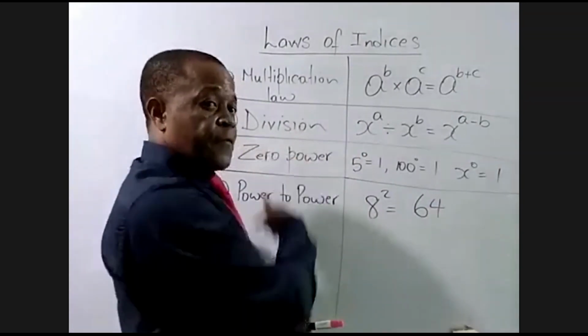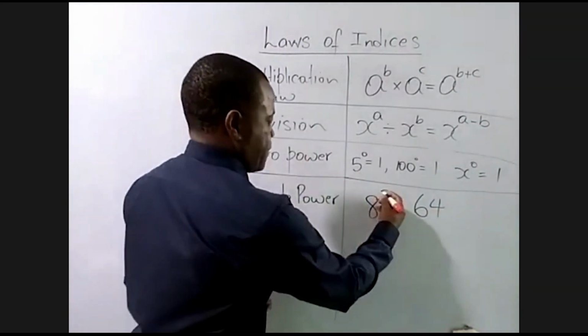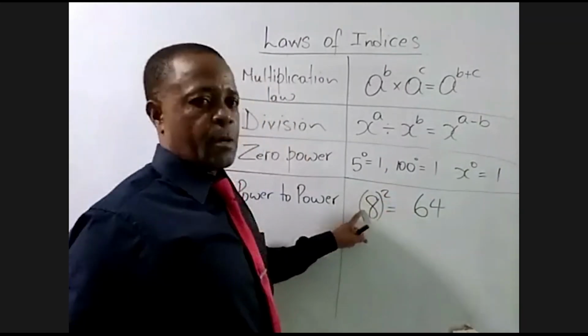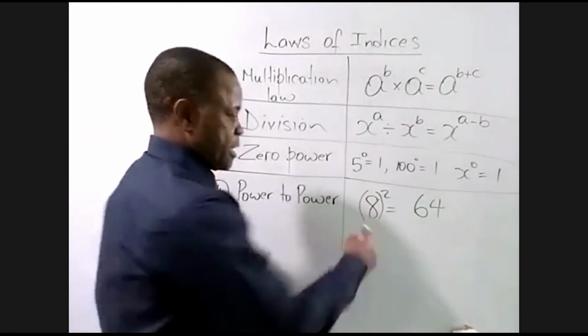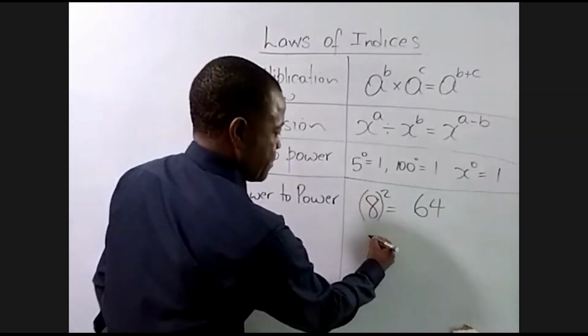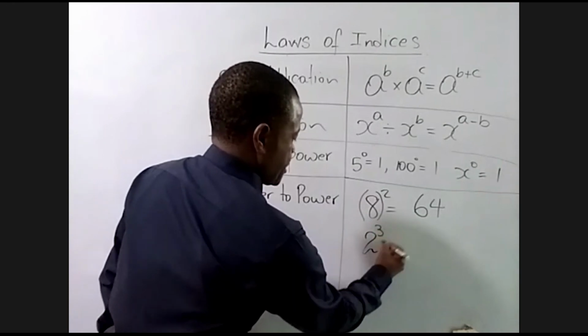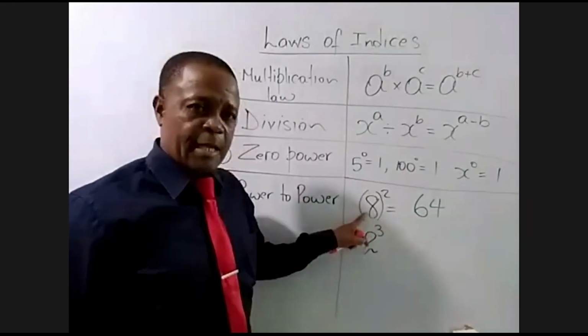But from what we learned before, we can write numbers in their index form. So I would love for you to tell me how I could write this number 8 in its index form. Now, this number 8 can be written as 2 to the third. What I just wrote down on the board is really 8.